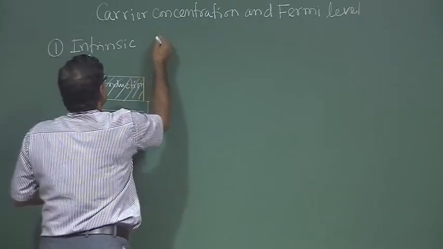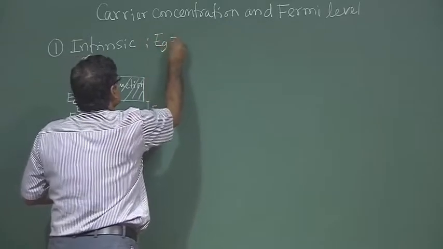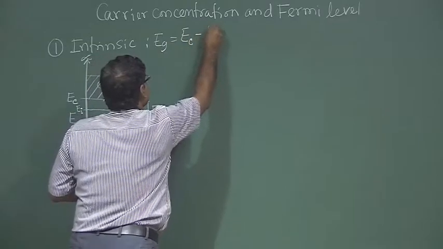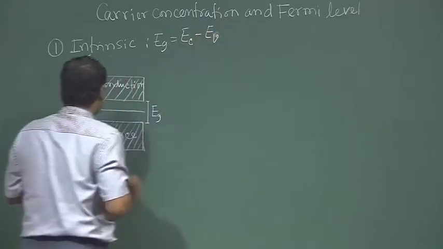So, E g equals E c minus E v, sorry, right.